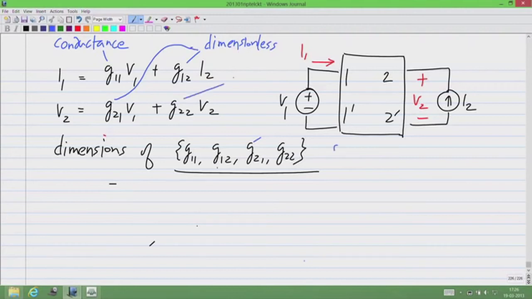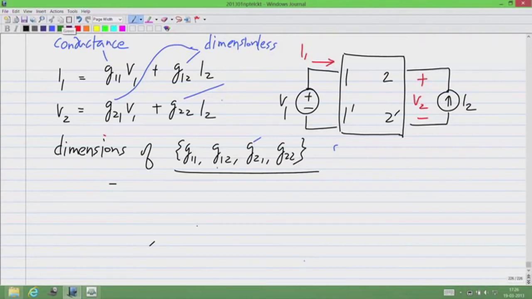And finally, G22? G22 multiplies a voltage to... I think I made a typo while writing. This is I2.